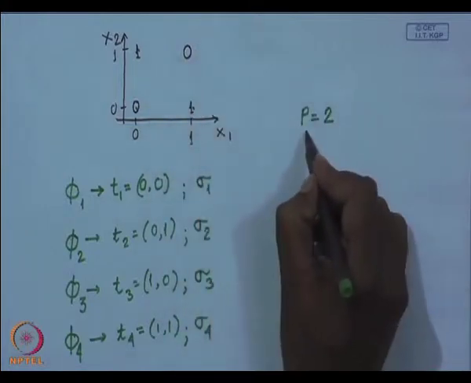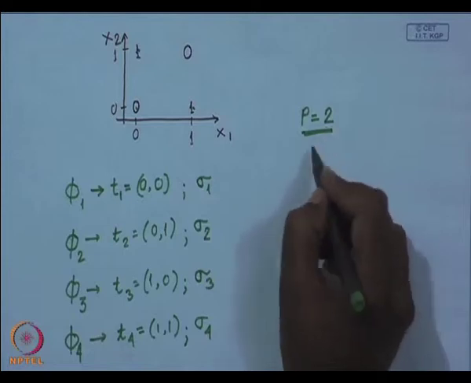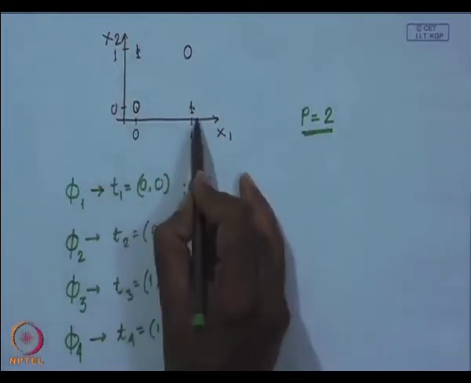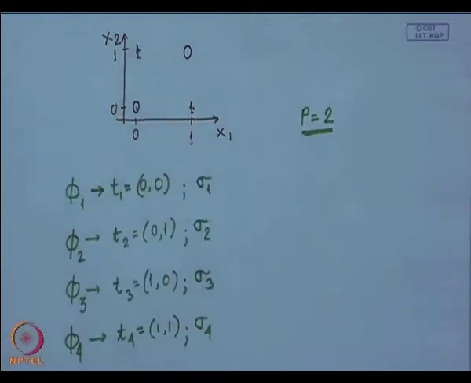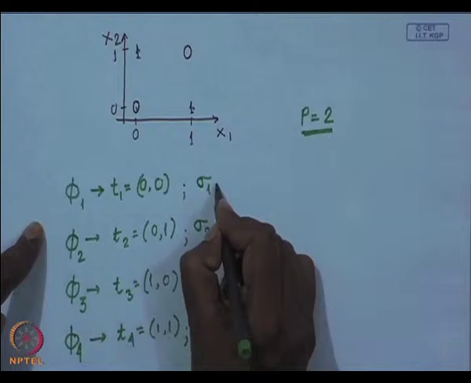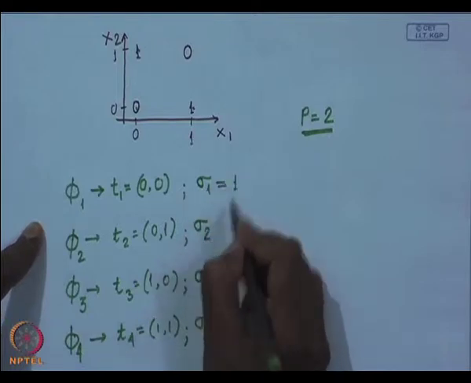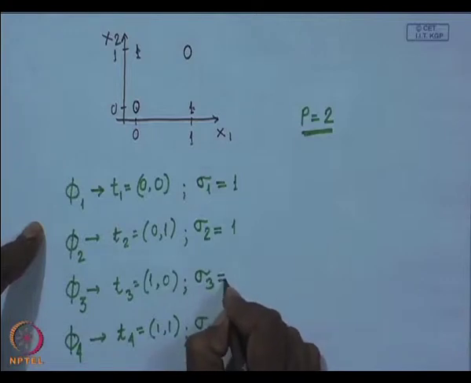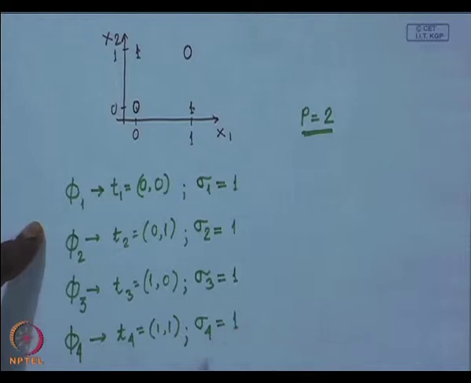So, when I take p equal to 2, I have to take two nearest neighbors, both of them are at distance 1, and the root mean square of these two distances will also be equal to 1. So, I have spread sigma 1 equal to 1, sigma 2 equal to 1, sigma 3 equal to 1 and sigma 4 also equal to 1.